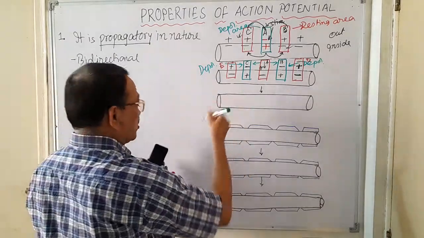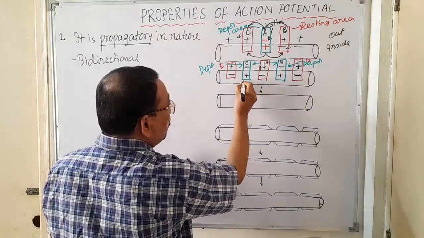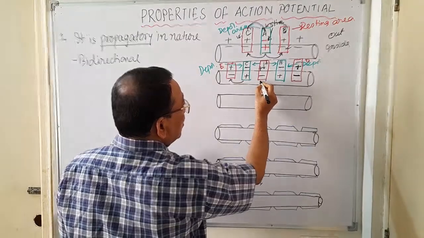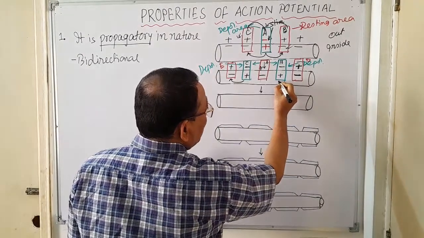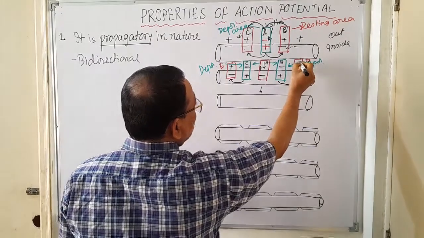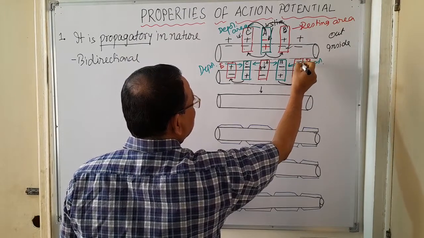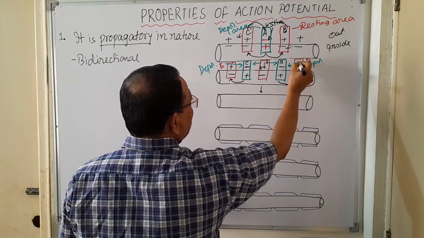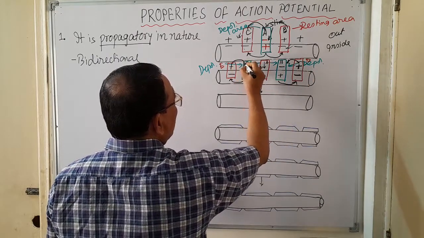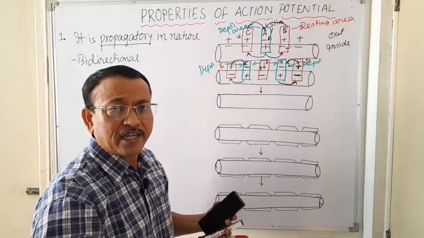So now again the positive ions will flow from the depolarized area to the resting area on the inside. On the outside, the positive ions will flow from the resting area to the depolarized area, here also, and thereby again a local circuit will take place.